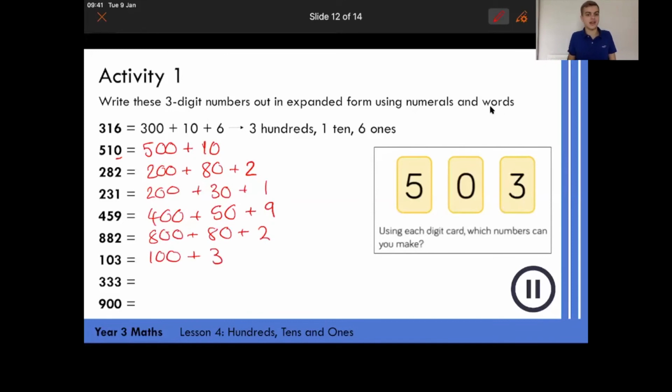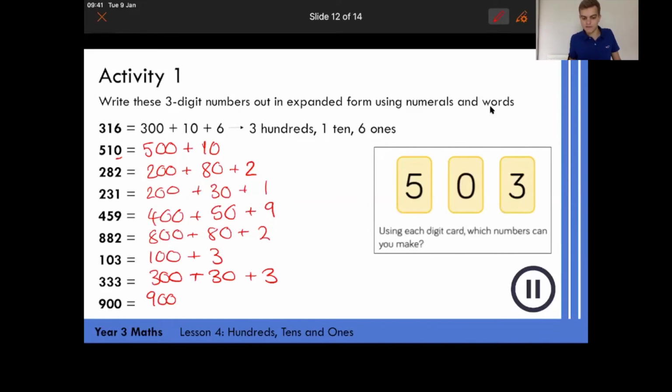So 100, add 3. 100, add no tens, add 3 ones. 333, all the digits are the same. So I've got 300, add 30, add 3. 3 hundreds, add 3 tens, add 3 ones. And then 900, I've just got my hundreds. 900, adding no tens, adding no ones.